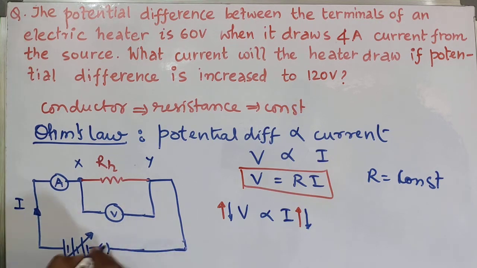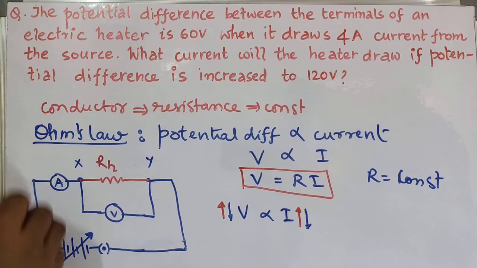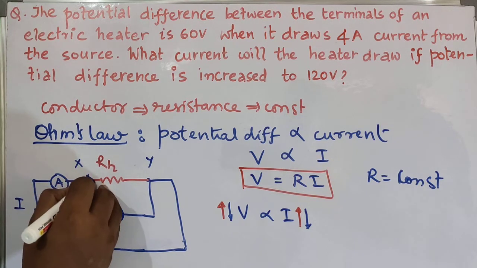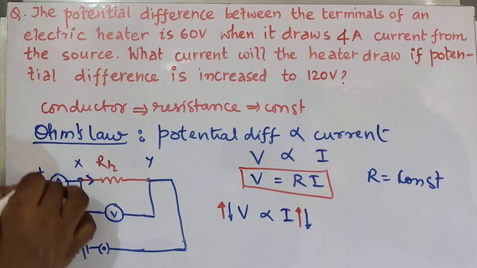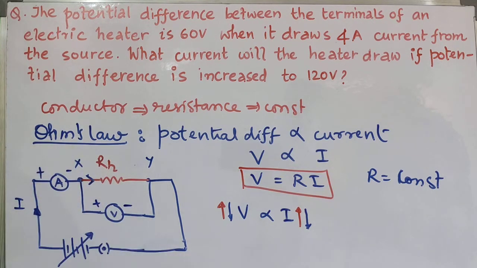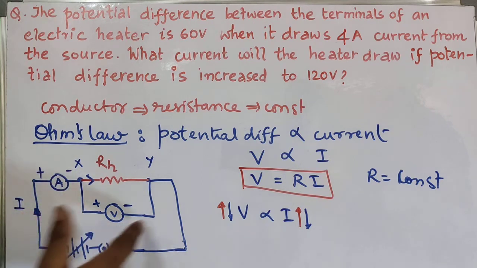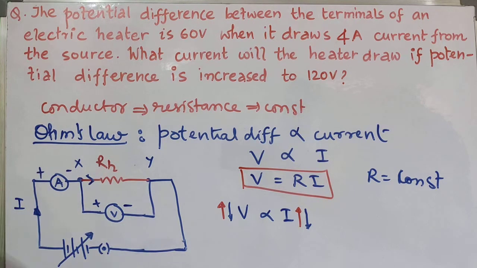Now when I turn on the switch or put the key in the plug, the current will start flowing. So the same current will pass through the resistor heater, because we'll assume that zero current is passing through the voltmeter. A voltmeter is constructed in such a way that a very minimal amount of current passes through it.